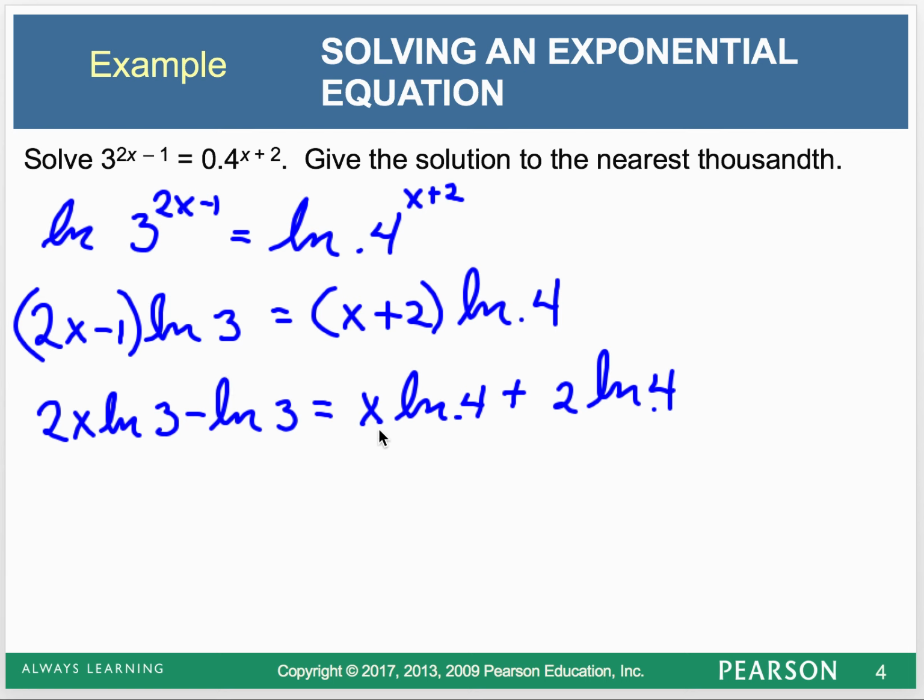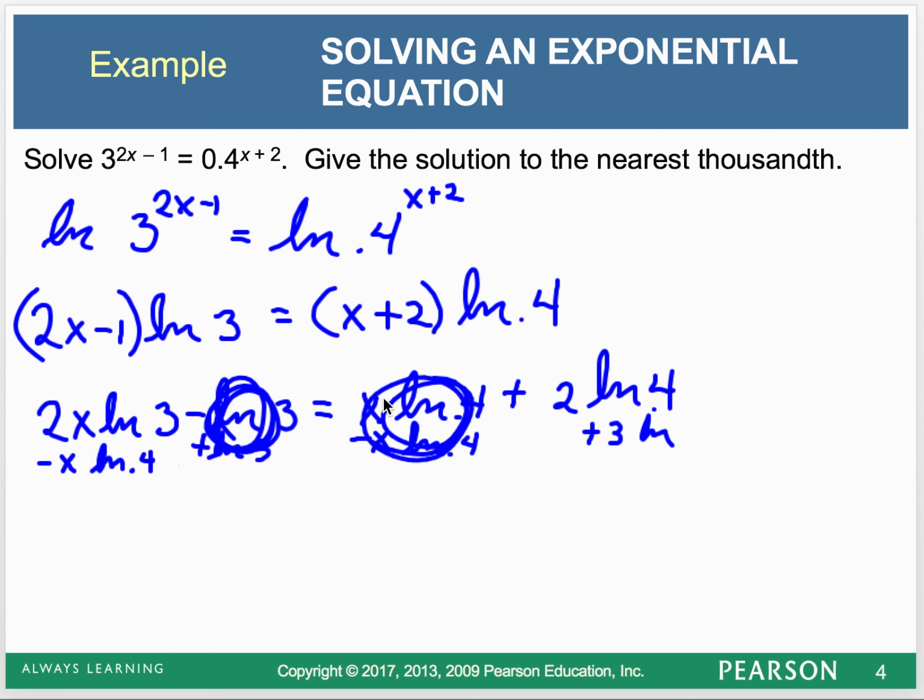Okay, so I need all my x's on one side, so I'm going to move this over here with this x, and I need my constants on the other side. So I'm going to add natural log of 3 to both sides. So now that's gone, right? And I'm going to subtract this from both sides. So that's gone, big fat 0.